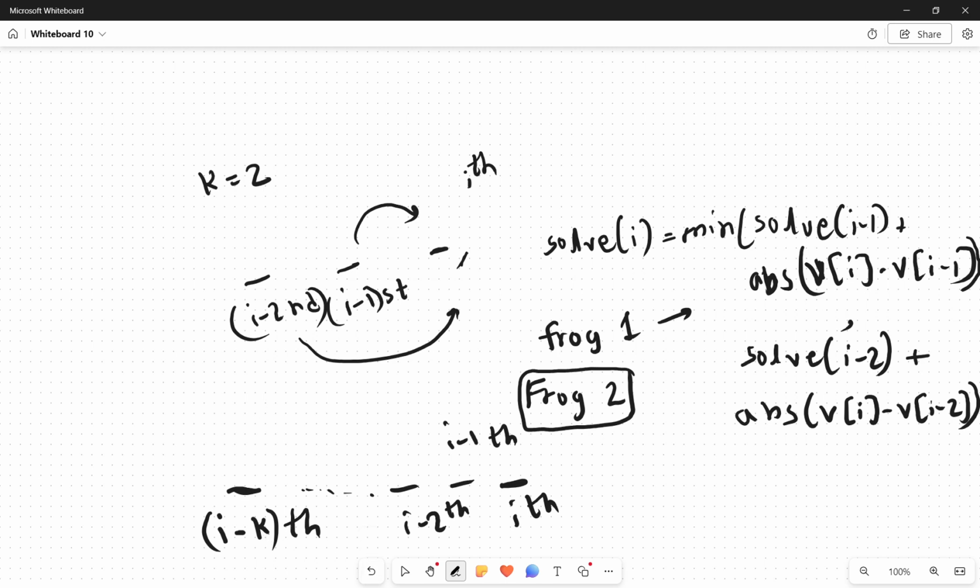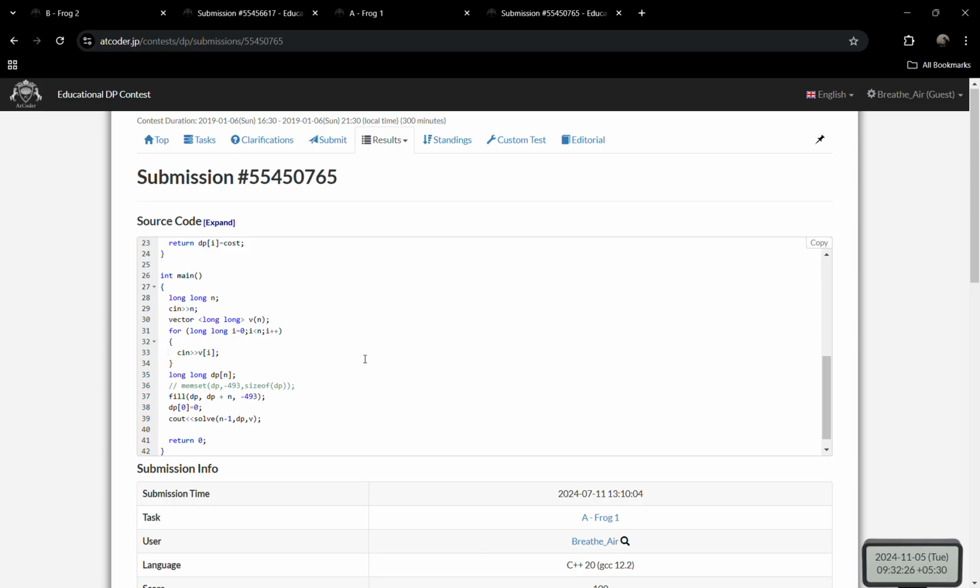So we can do solve of i equal to the minimum of solve of i minus 1 plus the cost of that jump, comma, solve of i minus 2 plus the cost of that jump, and i minus 3, so on up to i minus k, then we'll get our answer. So that is the only extra thing we have to do in this Frog 2 question, which is nicely done.